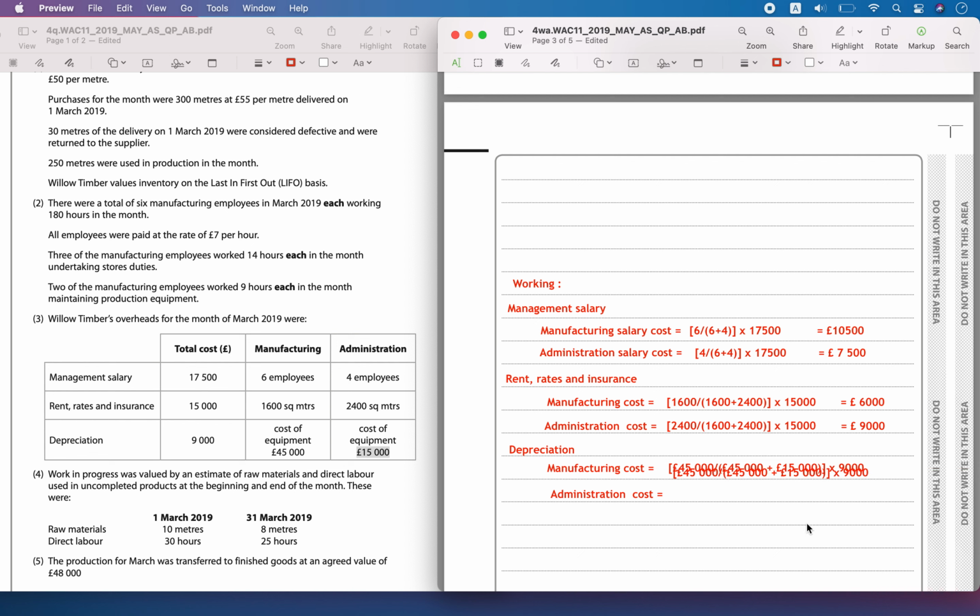Administration holds only 15,000 of equipment out of the total 45,000 plus 15,000, and the cost of 9,000 has to be shared. So this value is 6750 for manufacturing, and for administration it is 2250.